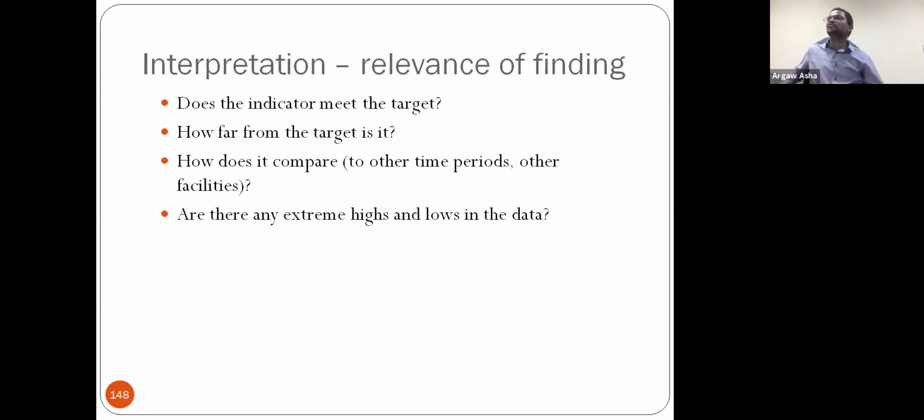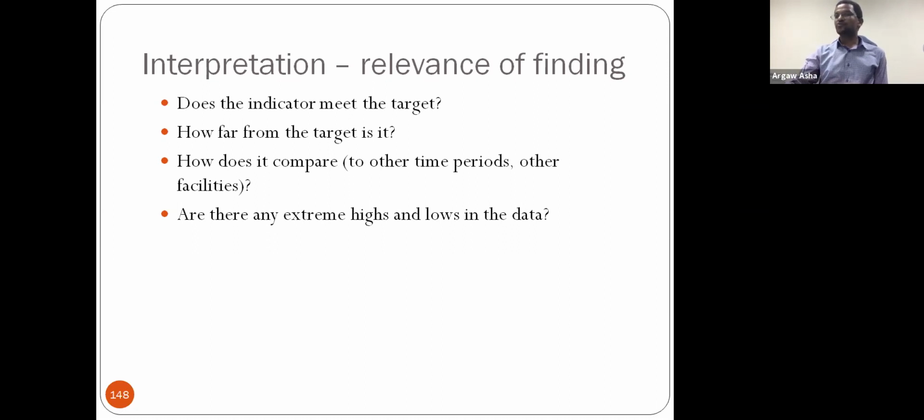So in the case of interpretation: does the indicator meet the target? We check. Has the indicator reached the target? How far from the target? How does it compare across time periods and other facilities? And are there any extreme highs or lows in the data?